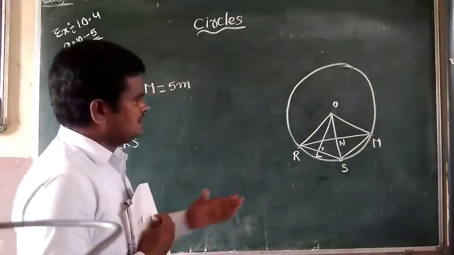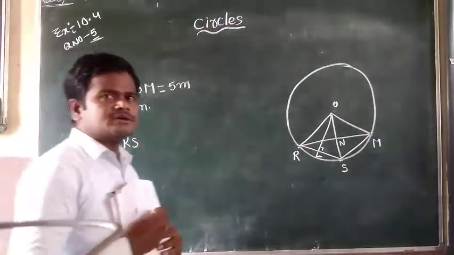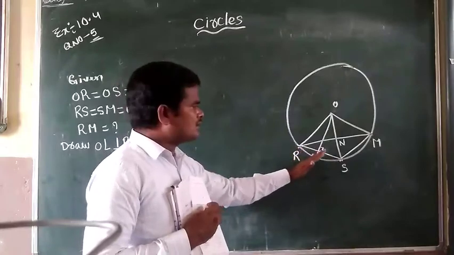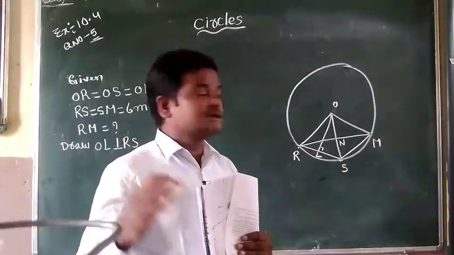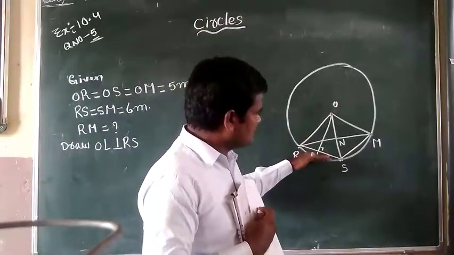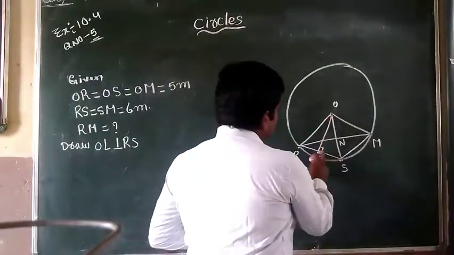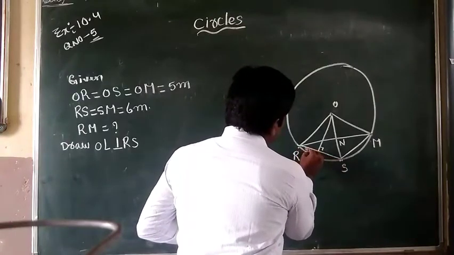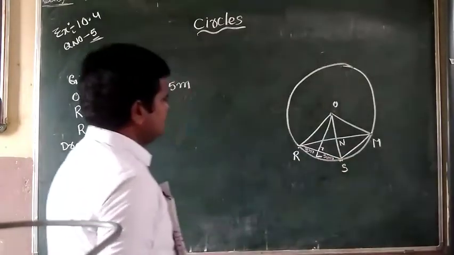RS equal to 6 meter, so RL equal to 3 meter. A perpendicular drawn from the center to a chord bisects the chord. So OL bisects RS, this is 3 meter, and this also 3 meter.